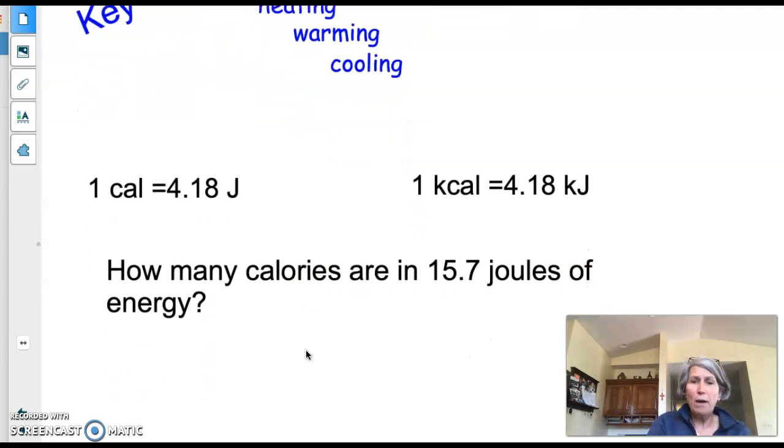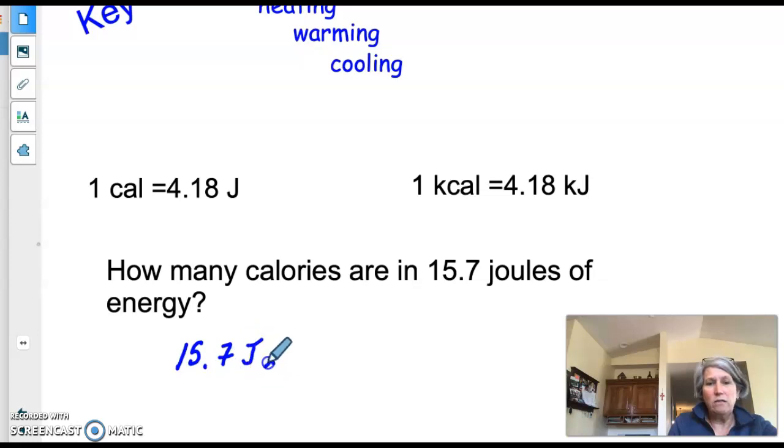But what I want to remind you is how we would do this if I asked you how many calories are in 15.7 joules. If we take a look at this problem, we could write here what we're starting with, which is 15.7 joules.